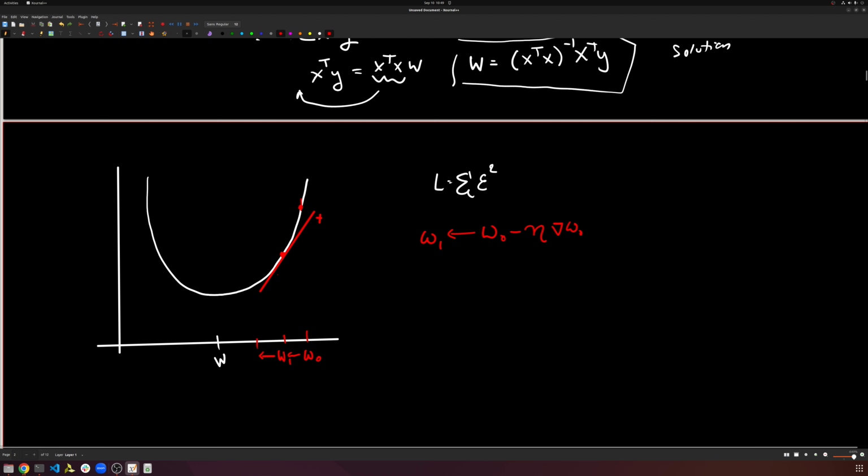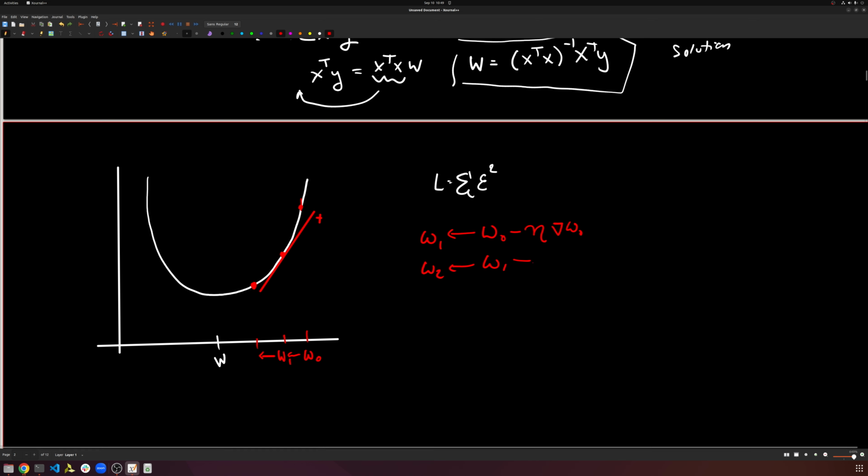We want to descend this curve. And now we're here. So now W2 is going to be, and that's why it's a negative, it's negative because we want to descend the curve. If the derivative at W0 is a positive number, then by subtracting, we're going backwards. It's as simple as that.